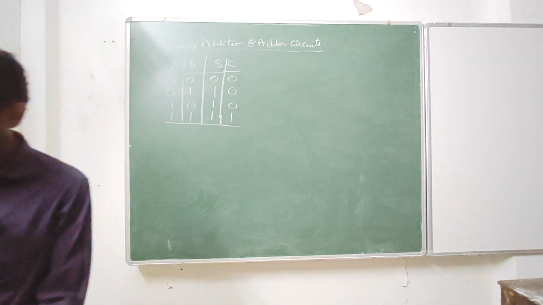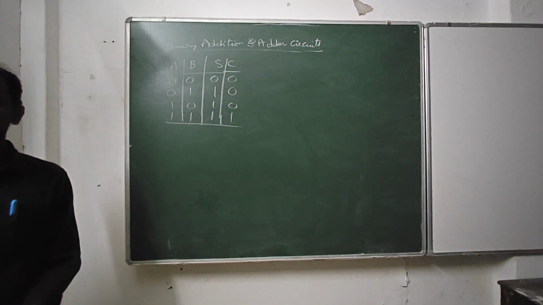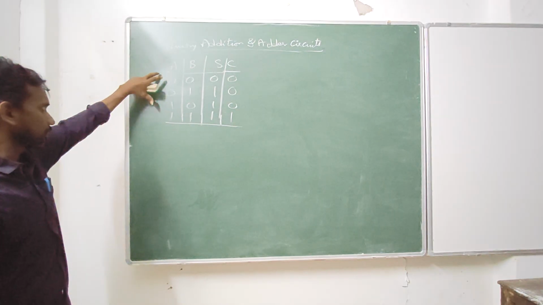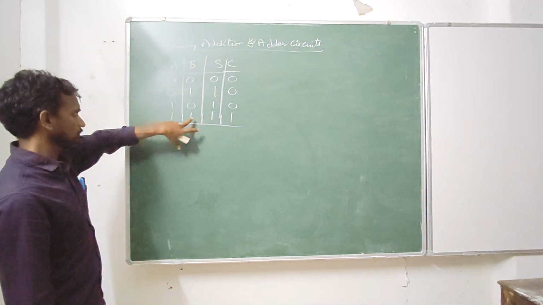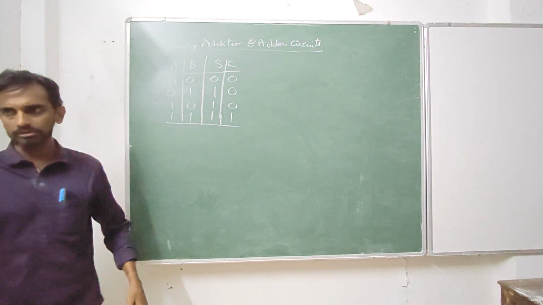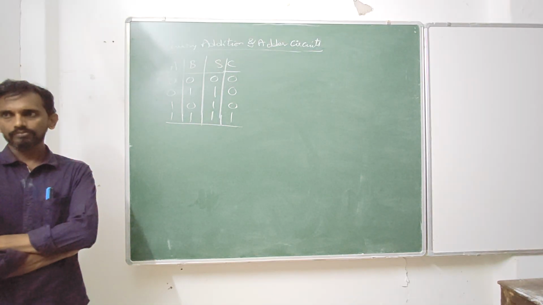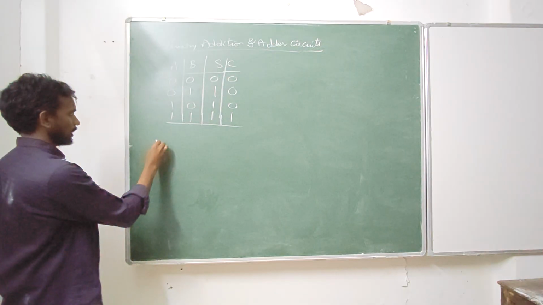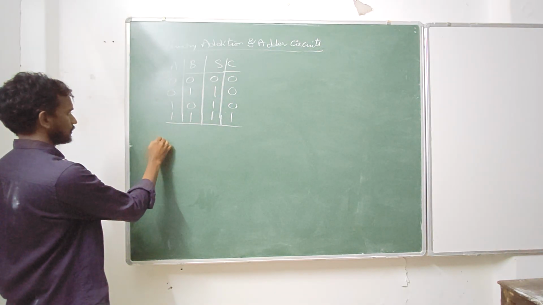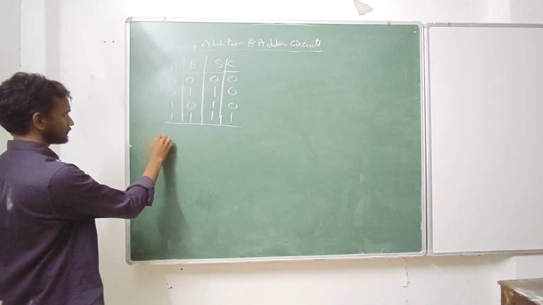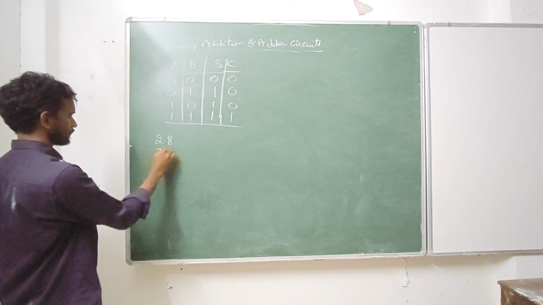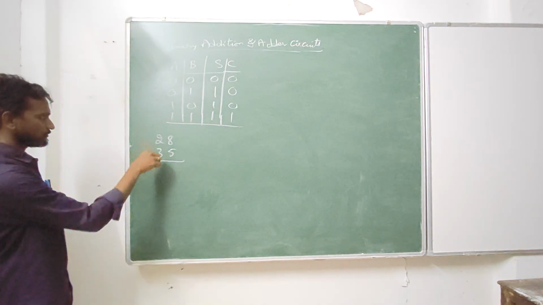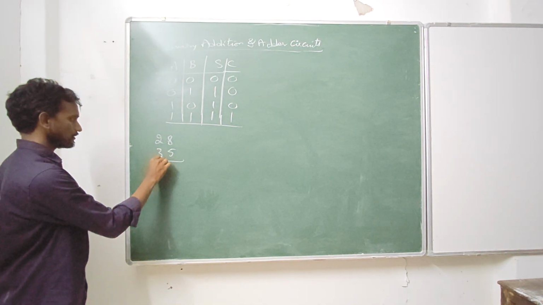So this is not just an AND operation, sorry, it's not just an OR operation. Somewhere we have an additional term, carry is also coming into picture. Just like when you are adding decimal numbers, what do you get? 8 plus 5, you will get 13.